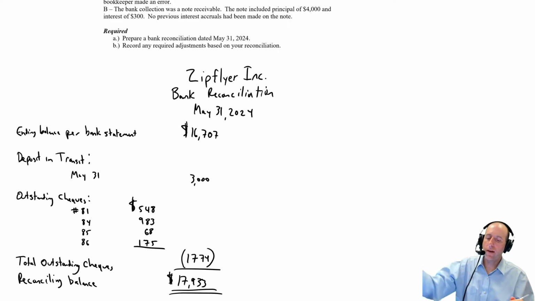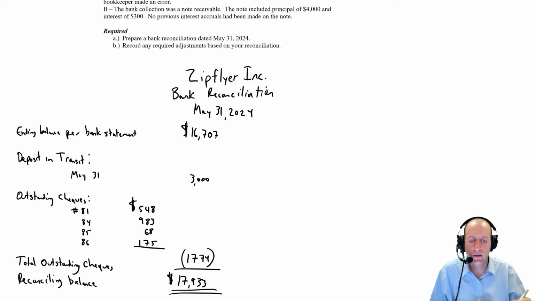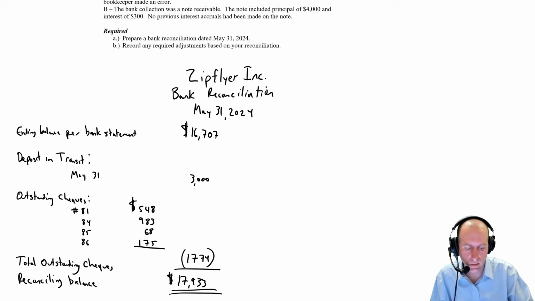So we've said the left side is here's what the bank thinks our cash is, and here's all the stuff the bank is missing. The right-hand side is for what we've missed. So we're going to say, here's what we think my cash balance is, and we'll call that ending balance, just to be consistent.